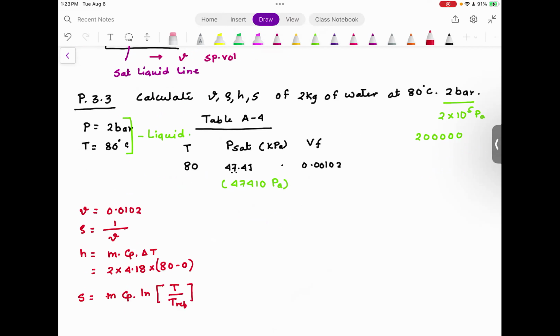Here m is 2, Cp is 4.18, and T needs to be in Kelvin: 80 plus 273.